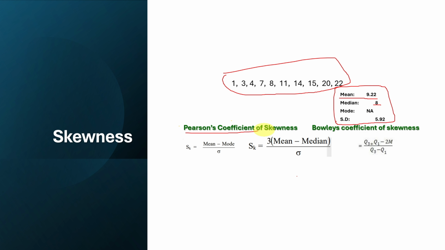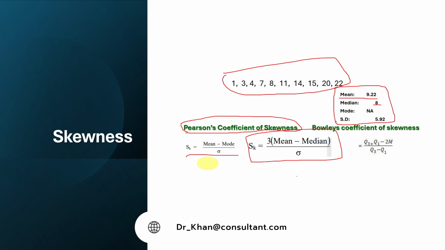Now, as per the Pearson coefficient of skewness formula, it is mean minus mode divided by standard deviation. But in this data set, we don't have mode. We don't have mode available. In that case, you will use this formula. The mean was 9.22, but mode was not available. Standard deviation was available, but because mode is not available, this formula you can't use.